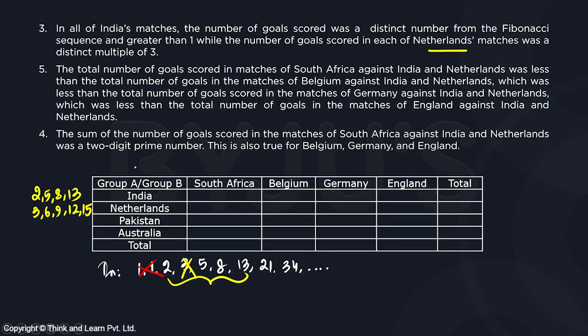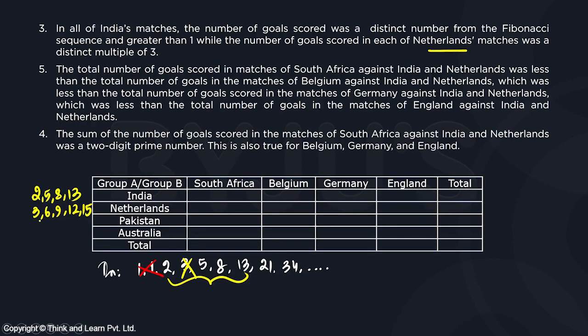The other possibility for getting prime numbers is if we take 2 and 3, that will give us a 5, which is a prime number. 2 and 6 definitely not. 5 and 6 is 11. 8 and 9 is 17.